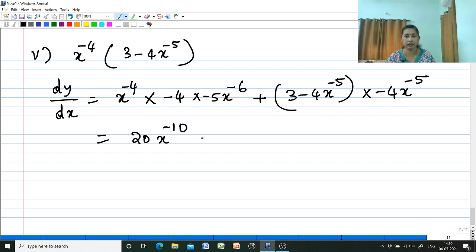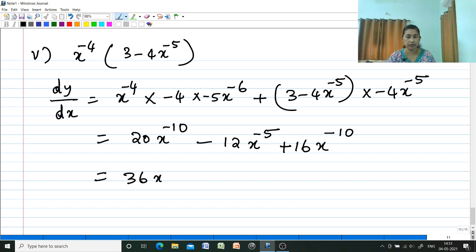Then multiplying here, minus 12x raised to minus 5 and plus 16x raised to minus 10, which is equal to 36x raised to minus 10 minus 12x raised to minus 5.